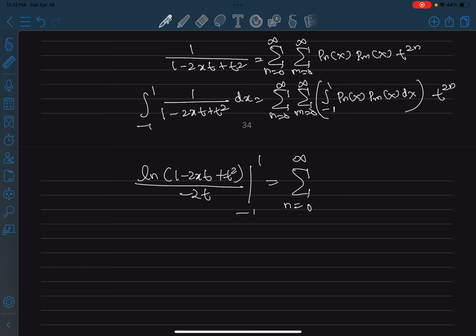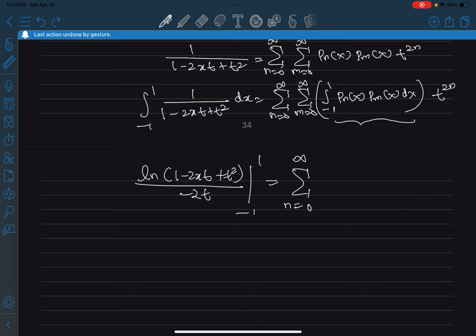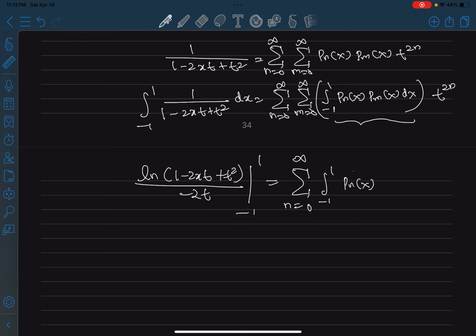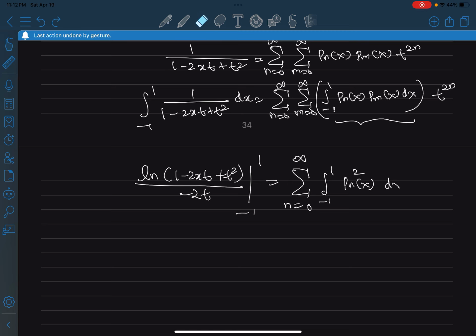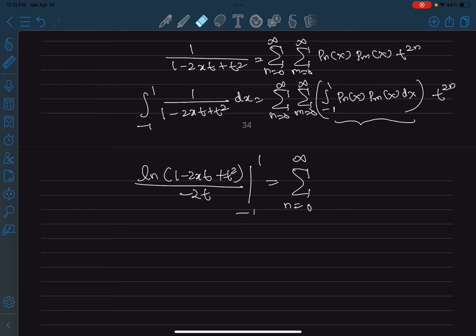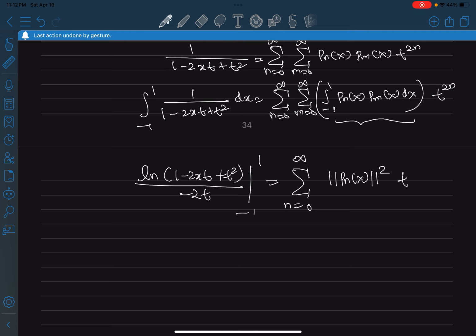And whenever both of these n are the same, this is just going to be the integral from -1 to 1 of Pn of x squared, and basically we know that this is just the norm. And we don't need dx now, and t to the power 2n.